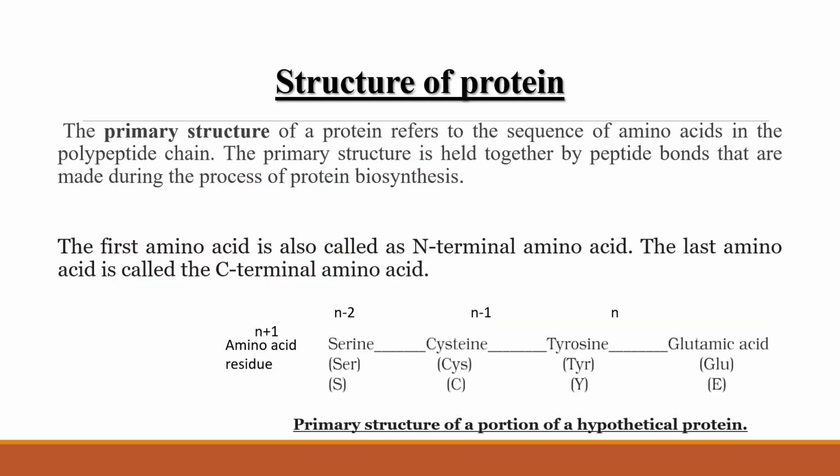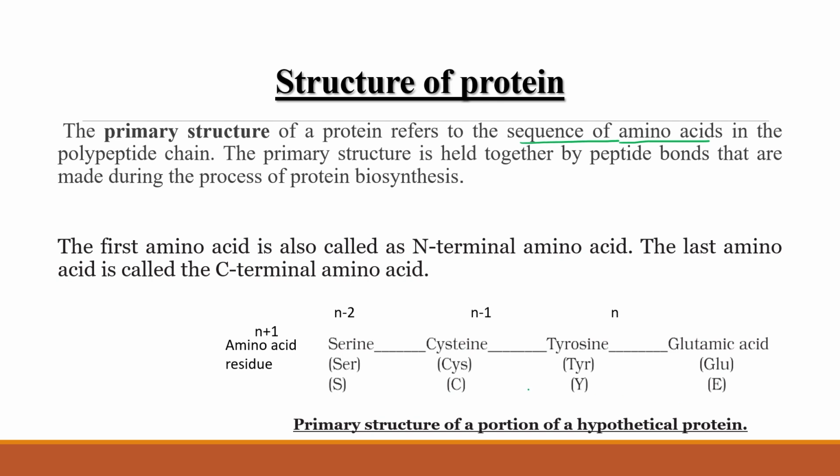structure of protein. The primary structure of protein refers to the sequence of amino acids. Sequence of amino acids, that is known as primary structure, just a polypeptide chain. The primary structure is held together by peptide bonds that are made during the process of protein synthesis. As you can see in this particular diagram, serine is there, cysteine is there, tyrosine, glutamine.